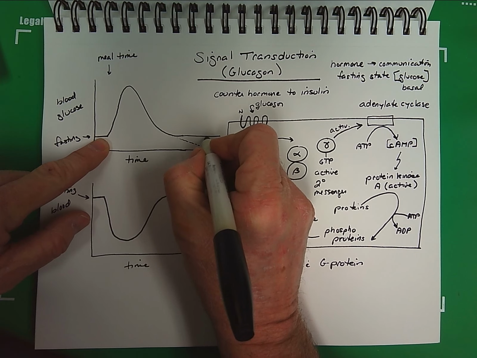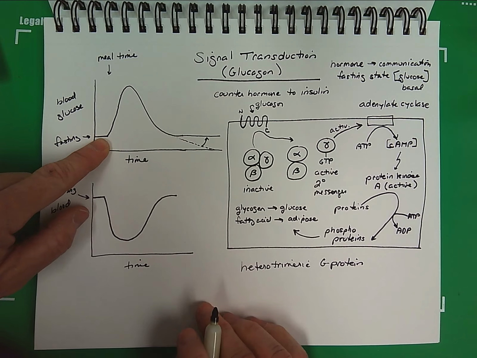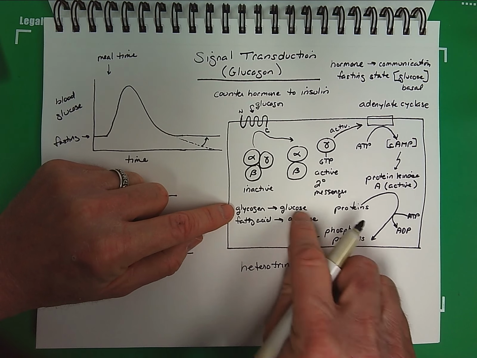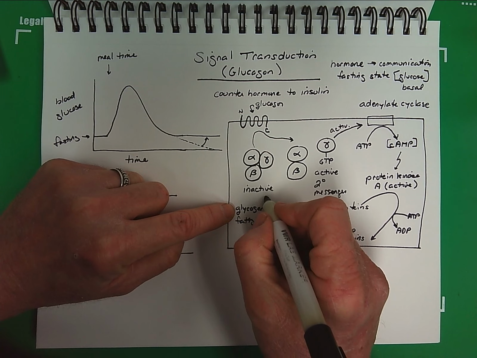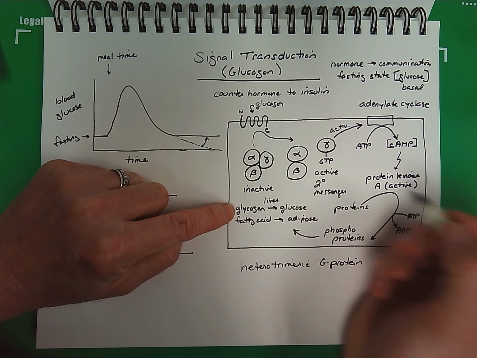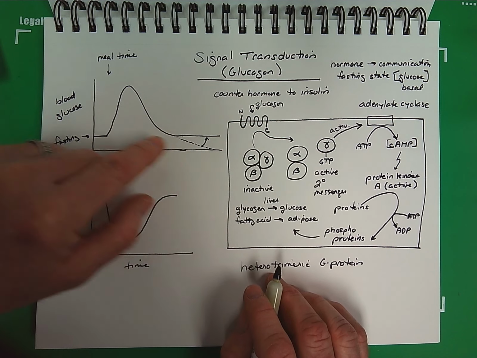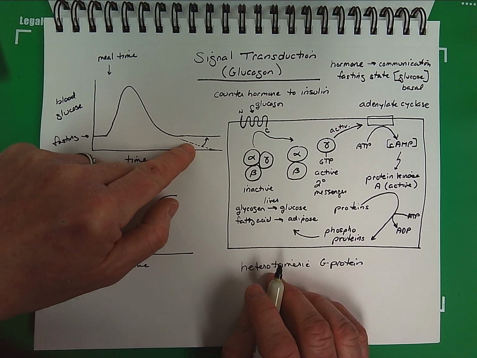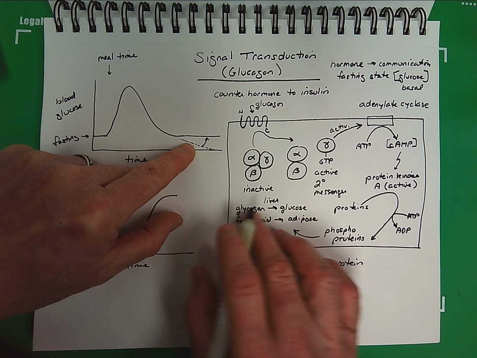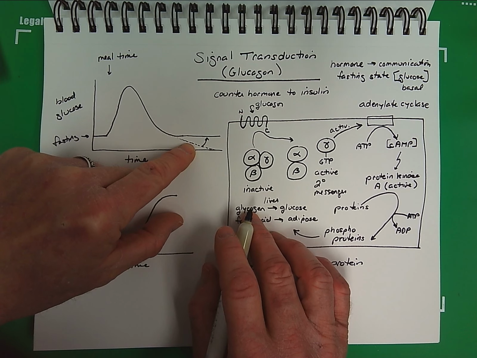So what keeps this level up in a fasting state? Well, the glucose that's being released from glycogen stores, the storage form of glucose, is occurring in the liver. And the maintenance of this glucose level at the basal concentration is due to liver releasing glucose from glycogen stores.